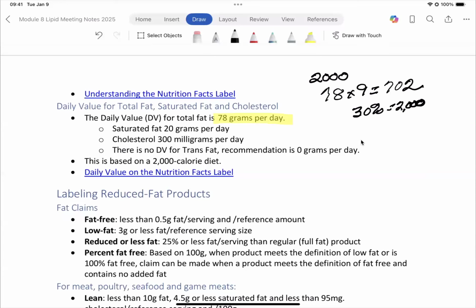That's what the daily value is based on. And of that, 20 grams per day of saturated fat, and 300 milligrams of cholesterol, and no trans fat. So that's what the label is based on.